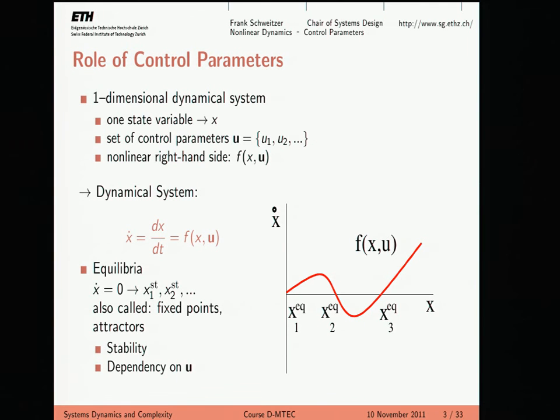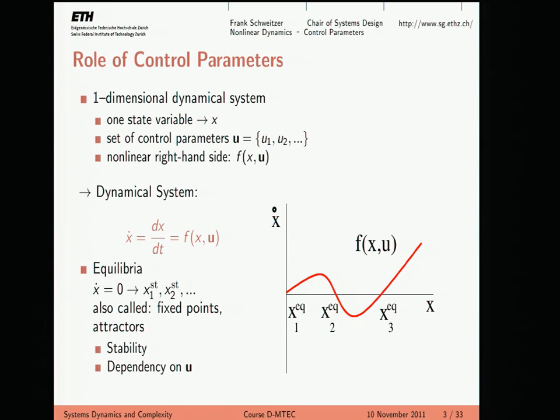Okay? So you can immediately see where we're getting to. By varying the control parameter, u, in this case, or vector of control parameters, we expect something to change with these equilibrium points. And this is the change in the system that we observe, the system behavior that I talked about. Right? Something is going to happen to these equilibrium points.